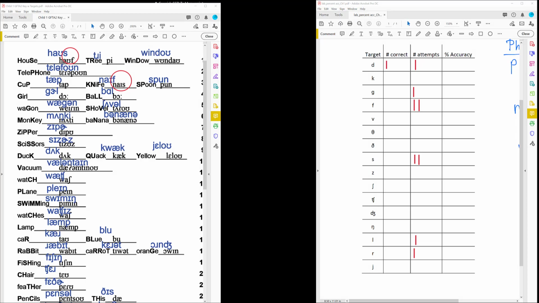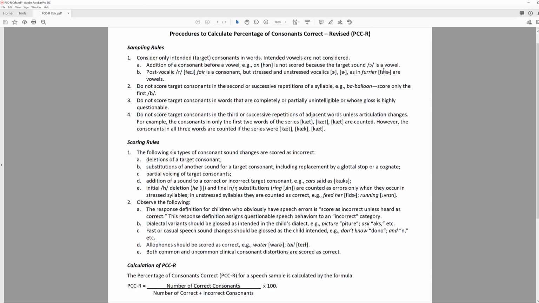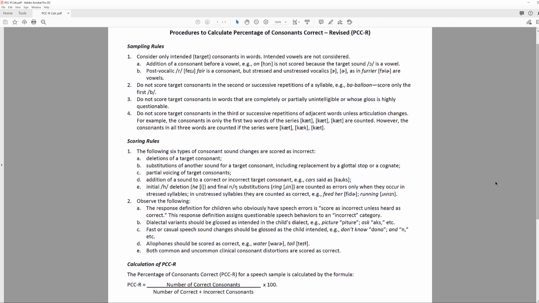Now you might be wondering, how does an accuracy calculation like this relate to a more formalized type of accuracy calculation like percentage of consonants correct? So if you're using a single word sample, like data from the Goldman-Fristoe or some other informal probe, you would use percentage of consonants correct revised, which was intended to be used with a single word type of sample.